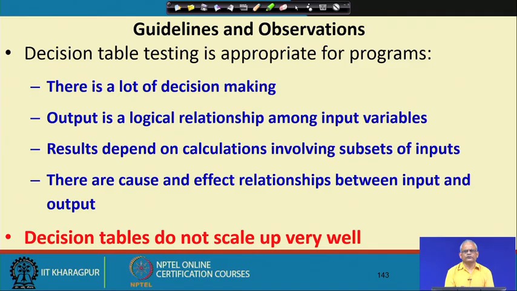If we have 4, we need 16, 5, 32, and so on. If we have 10, then 1000. So, it becomes difficult to develop the table, and the number of test cases grows very rapidly. It becomes difficult to optimize manually and reduce the number of test cases and so on.